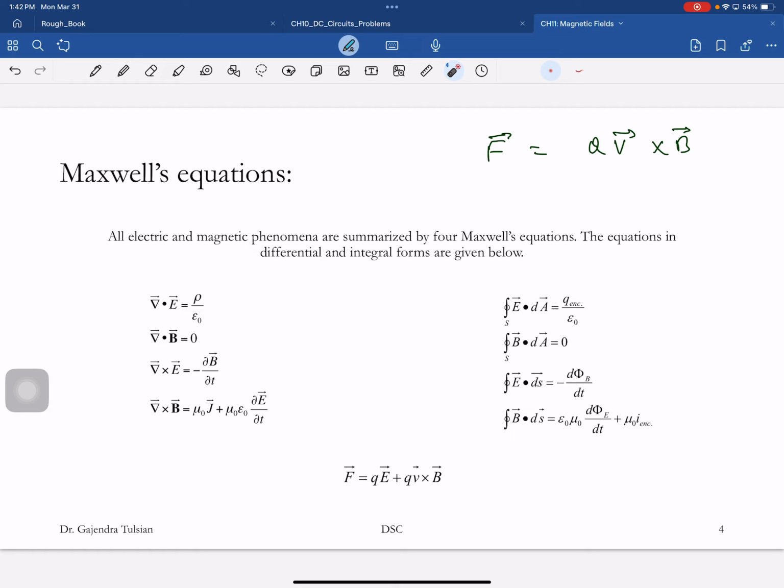Can this still be zero? If they're parallel. Very good. So when V is parallel to B or V is anti-parallel to B. The cross product of parallel and anti-parallel vectors is zero. The cross product of these two vectors is zero, and the cross product of these two vectors is zero.